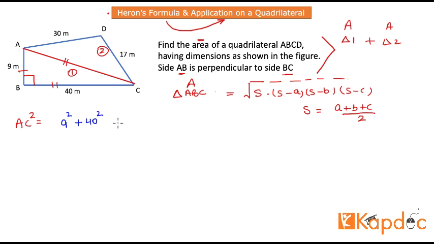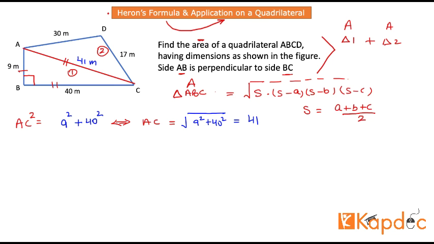This implies that AC, when you take the square root on both sides, is equal to the square root of 9 square plus 40 square, and when you solve this, you obtain 41, right? So this dimension is 41 meters. All these dimensions are in meters, okay?